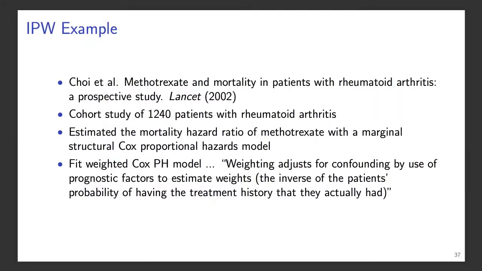And these weights are used to adjust for confounding. And this is a direct quote from the paper, where the estimated weights are the inverse of the patient's probability of having the treatment history they actually would have had. So this is a slightly more complicated example, but at its simplest form, it is exactly what we're talking about in terms of IPW estimators.